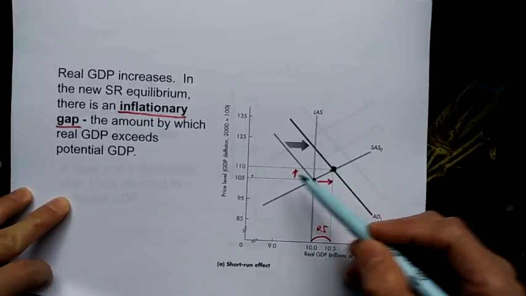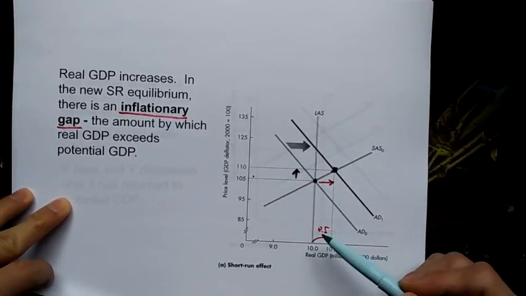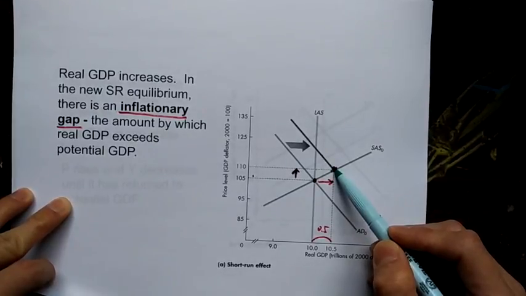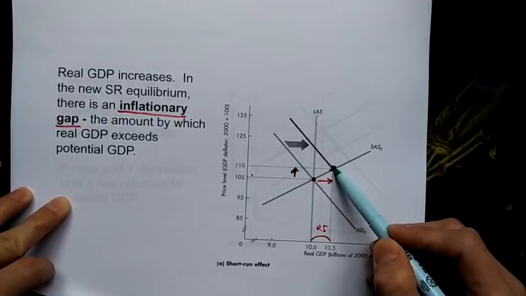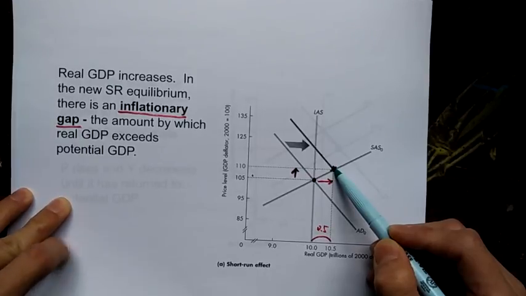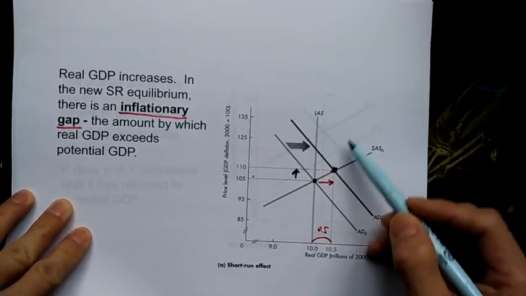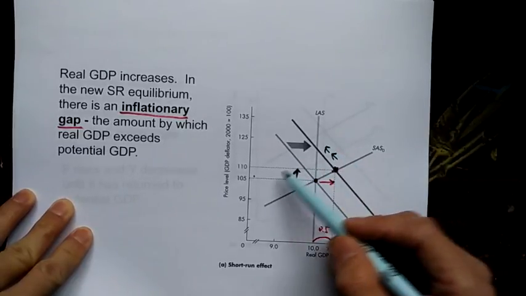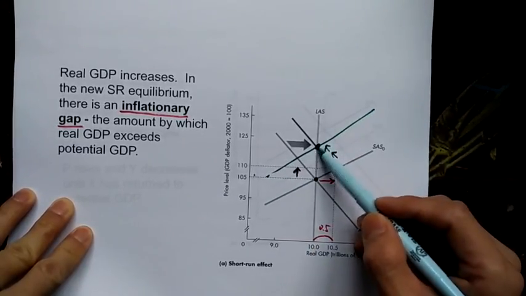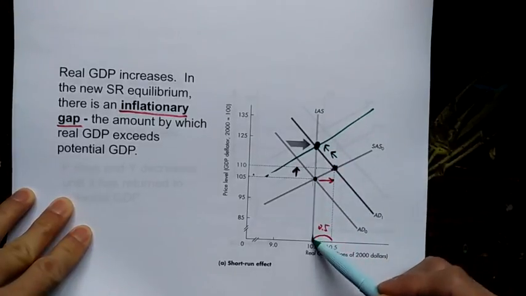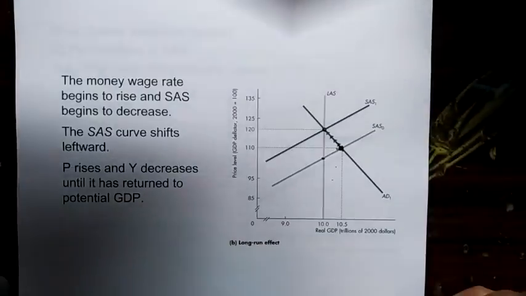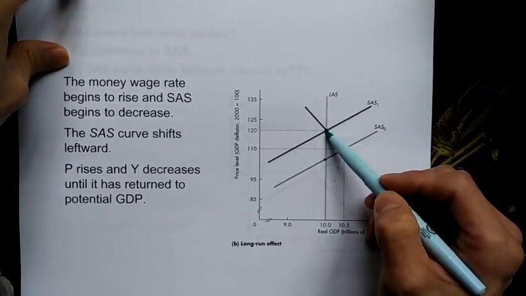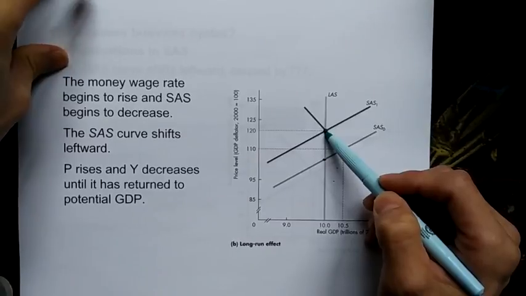Why? Because when price level increases, workers are going to renegotiate their wages. Therefore, nominal wage will go up. When nominal wage goes up, short-run aggregate supply curve will shift to the left. By how much? Until they are willing to work 8 hours per day and produce at potential. Therefore, we go back to the long-run equilibrium.